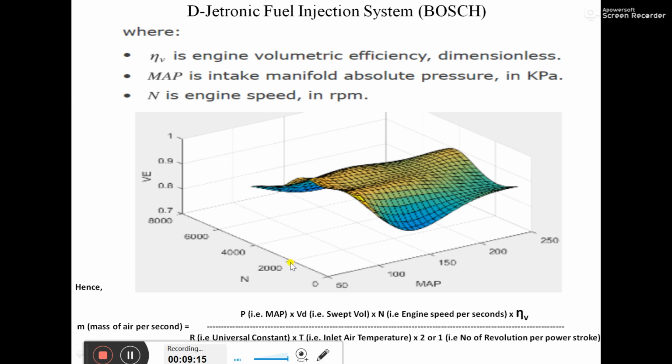Suppose right now your engine is running at 2000 RPM. So we are supposed to go this way.